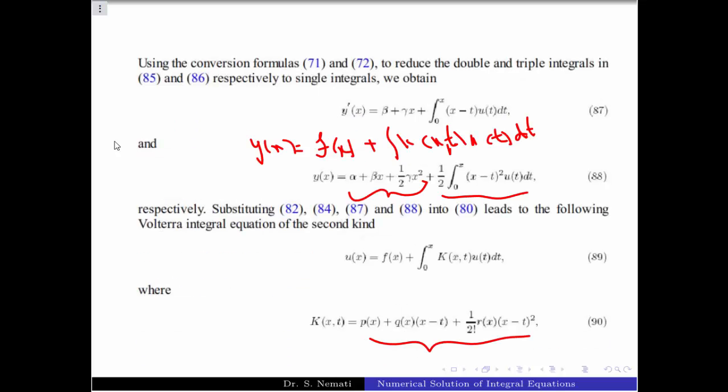So you have to pay attention that all functions in the equivalent Volterra integral equation should be in terms of the one unknown function, which we considered u of x here.